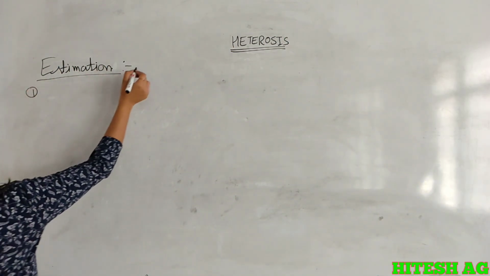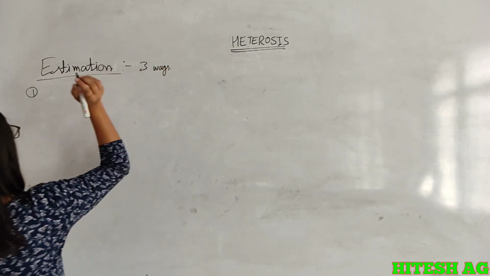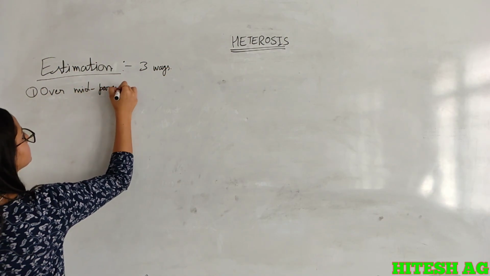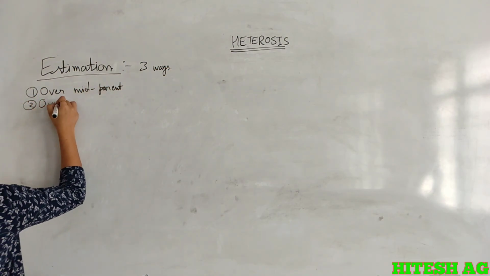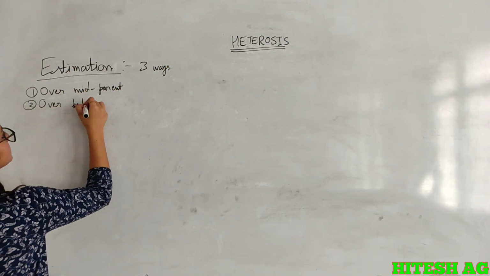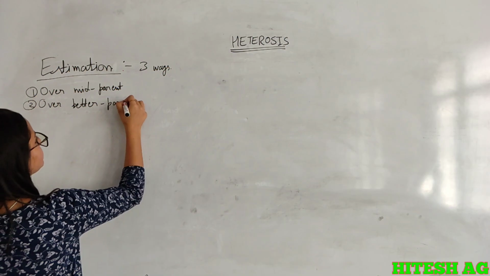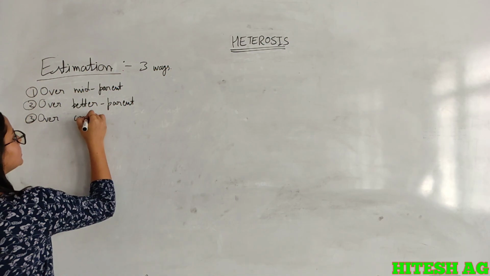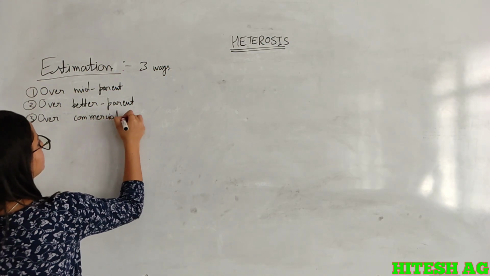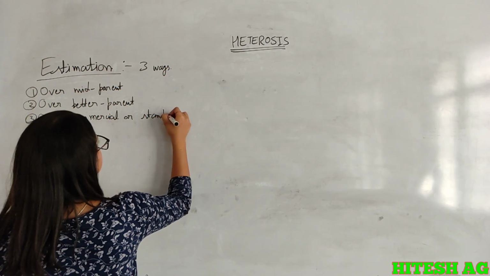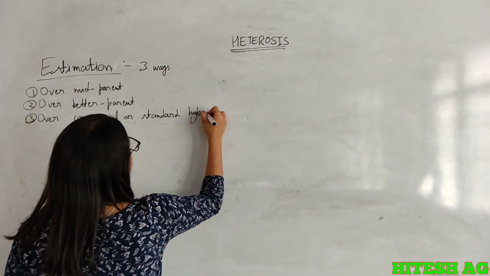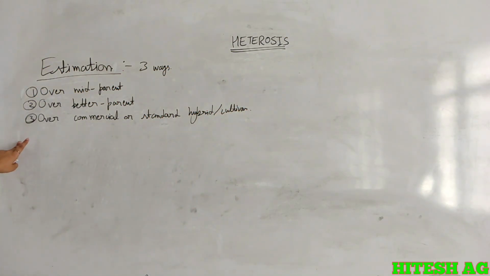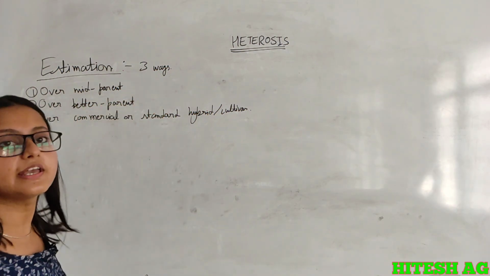First, you can estimate heterosis over its mid parent, second over better parent, and third over commercial or standard hybrid or cultivar. So these are the three ways in which heterosis can be estimated.